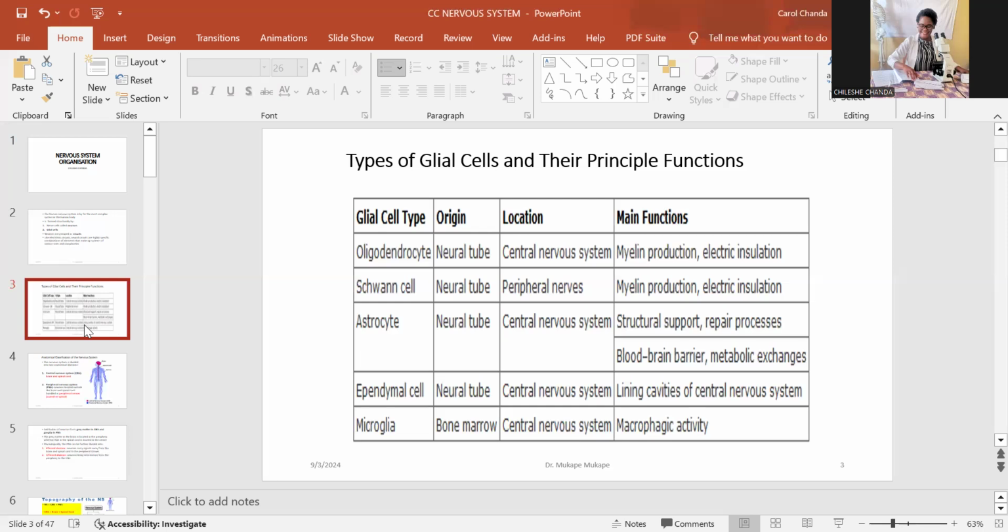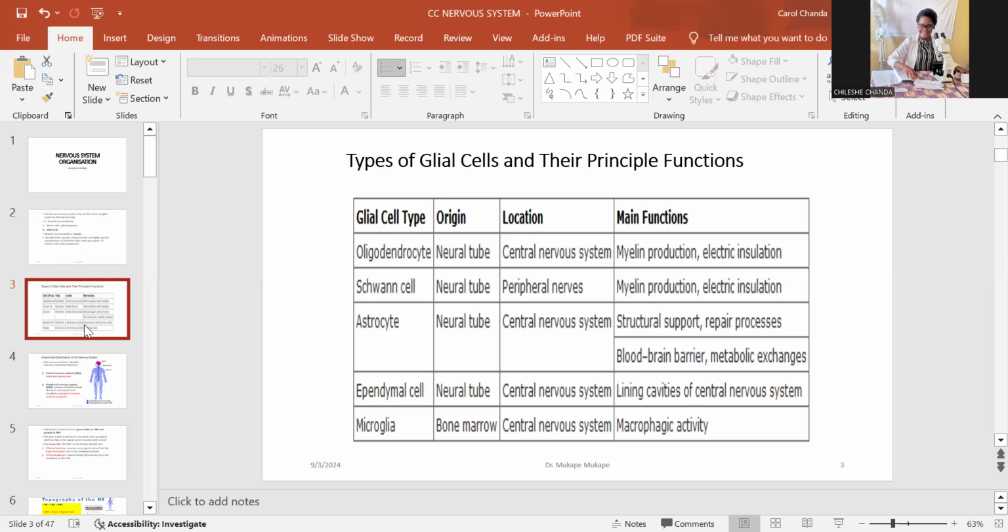Their function is to give structural support to the neurons, also to repair any worn out tissues or neurons if the damage is not too much, and they are responsible for formation of the blood-brain barrier to regulate what goes from the blood into the neurons and what should not be allowed to go in. Those are the astrocytes.